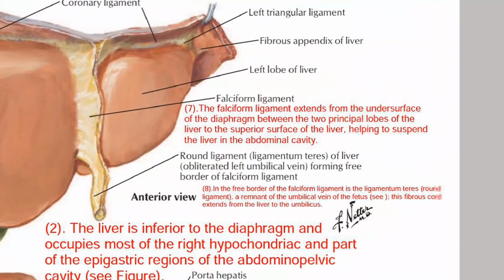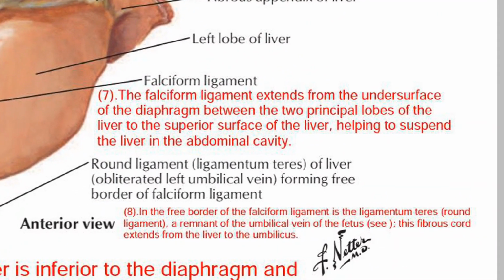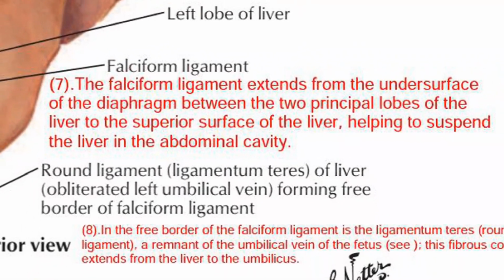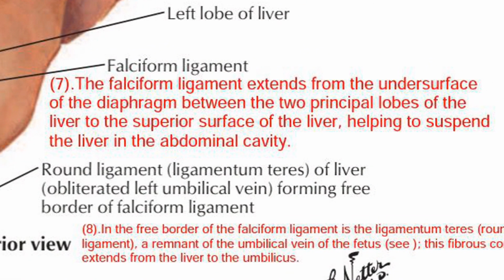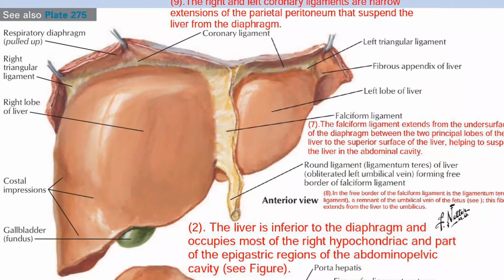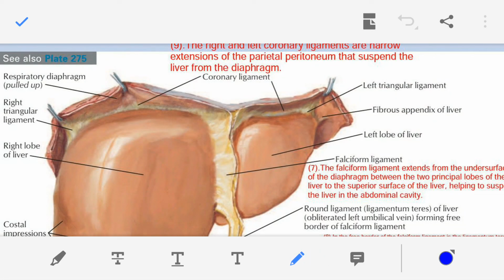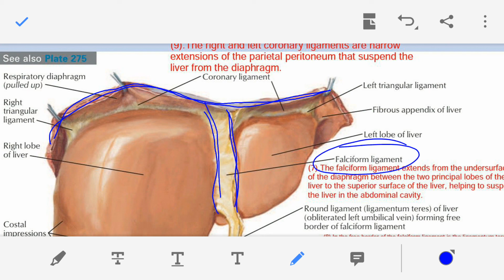So now, what is this falciform ligament? As you can see, the falciform ligament extends from the under surface of the diaphragm. So this is the diaphragm, and from the under surface of the diaphragm, the falciform ligament is extending.